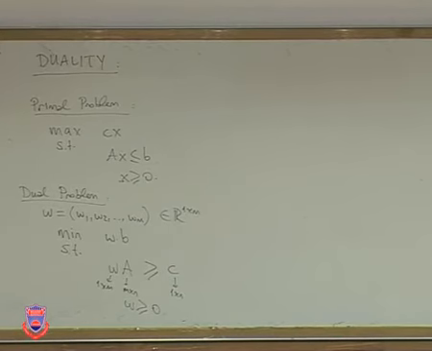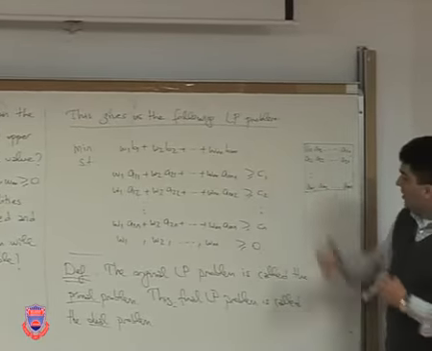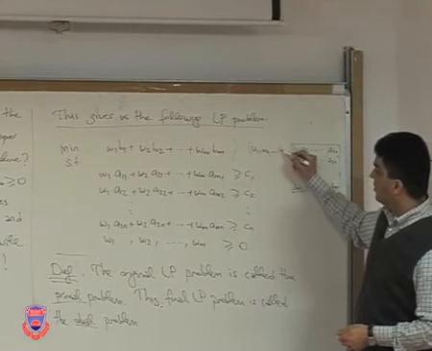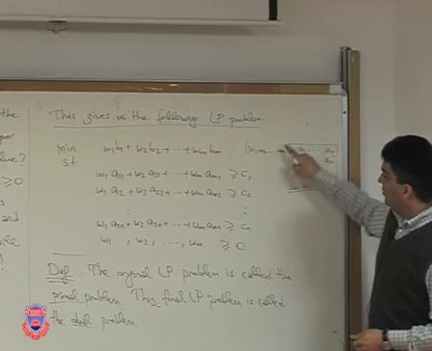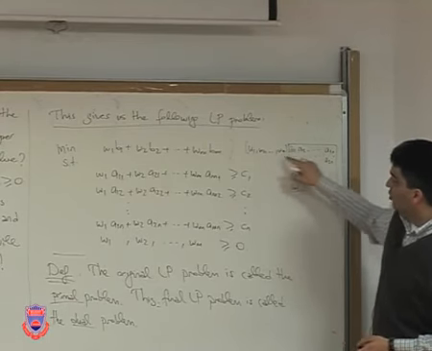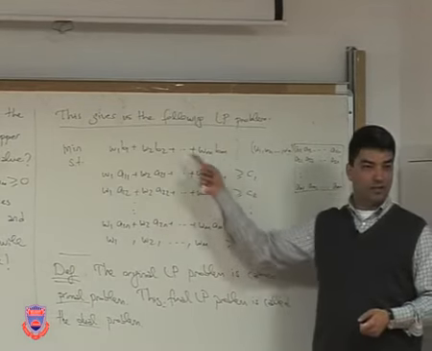But apart from that, W times A greater than or equal to C is precisely the same as all of these constraints, basically. Okay? And indeed, if you multiply this from the left by W, W1 all the way up to Wm, then the first component will be W1A11 plus W2A21 plus W3A31 and so on and so forth. And that's exactly the left-hand side of this constraint.